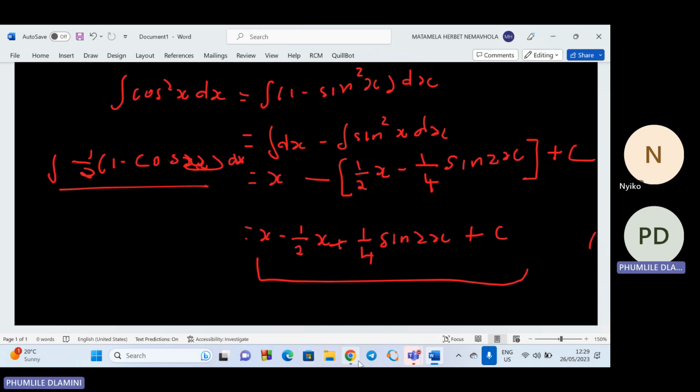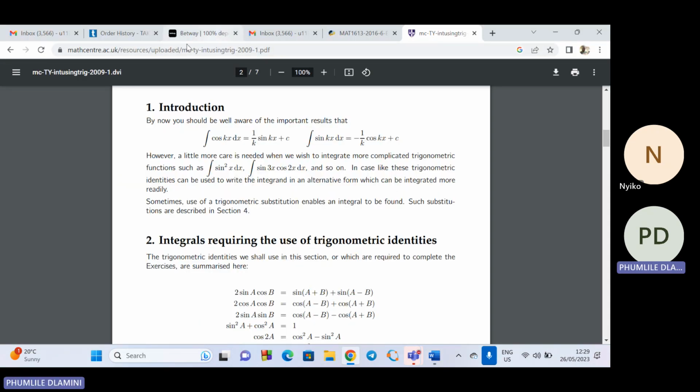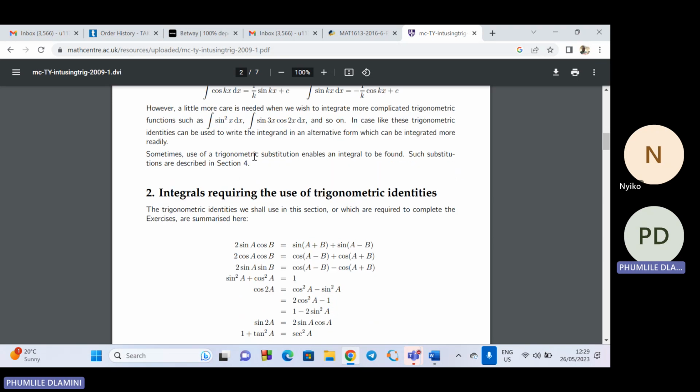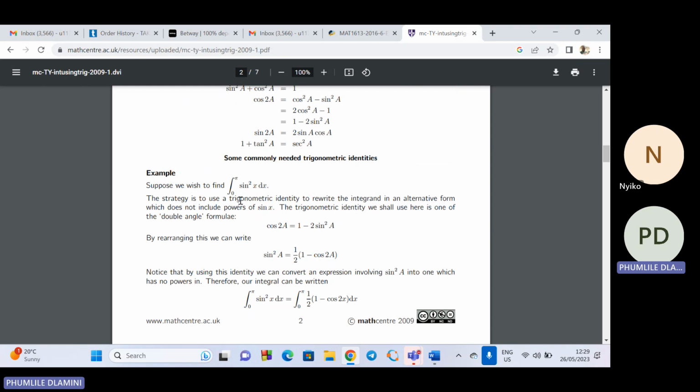So if we check here in our document, you will see that we have cos squared, this one. Let's check if it's solved. We can ignore the upper and lower limits 0 and pi, but we'll see that cos 2x equals 1 minus sine squared x.